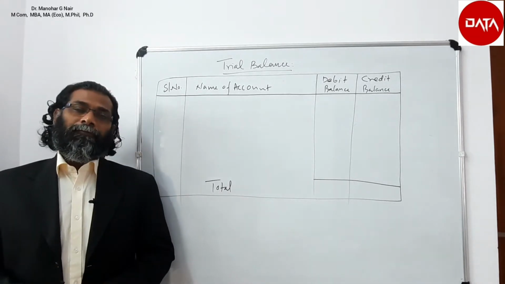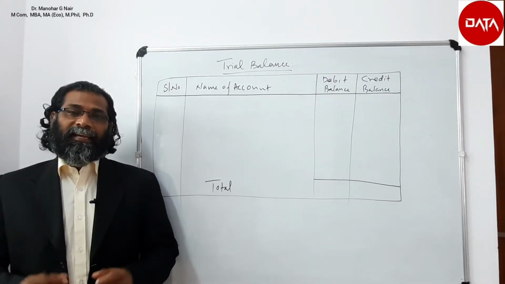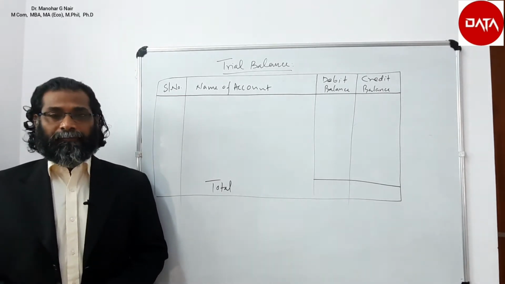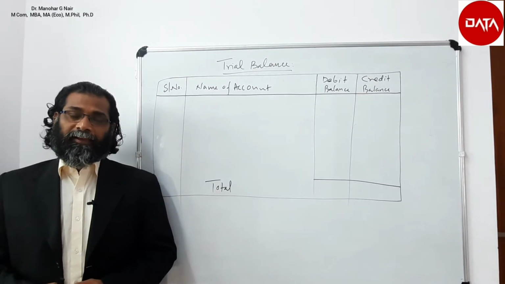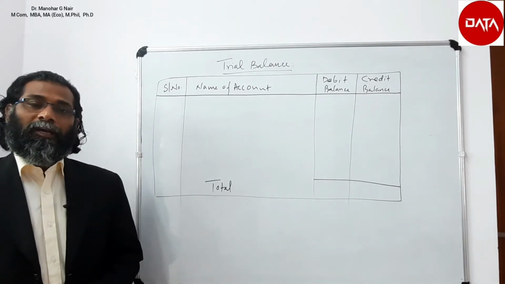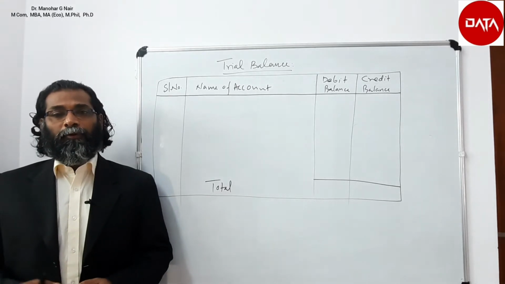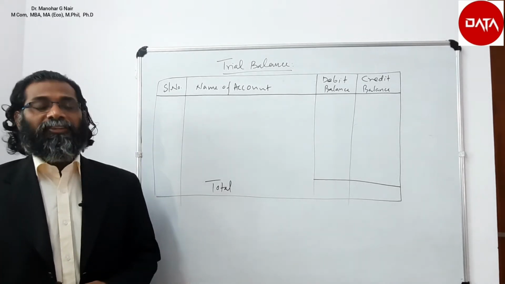The intention of preparing a trial balance is to check the arithmetical accuracy of the books of account. The trial balance is considered to be the starting point for preparation of the final accounts, that is, the trading, profit and loss account and balance sheet.